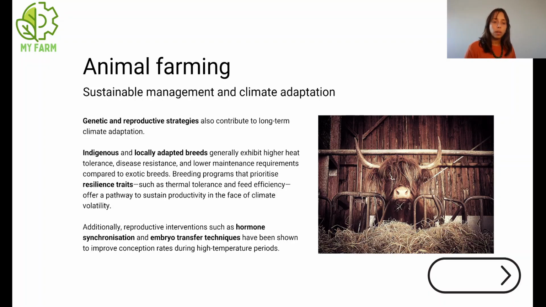Breeding programs that prioritize resilient traits such as thermal tolerance and feed efficiency offer a pathway to sustain productivity in the face of climate volatility. Additionally, reproductive interventions such as hormone synchronization and embryo transfer techniques have been shown to improve conception rates during high temperature periods.